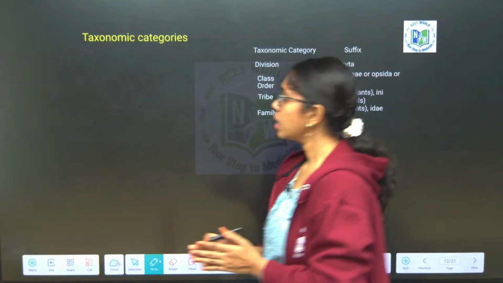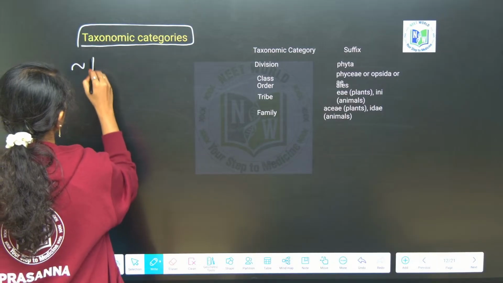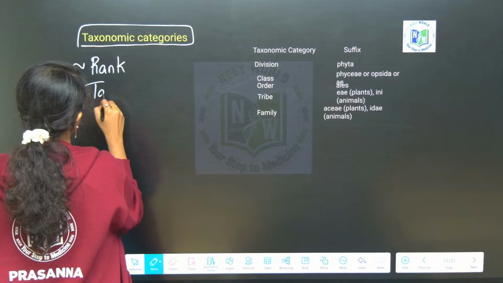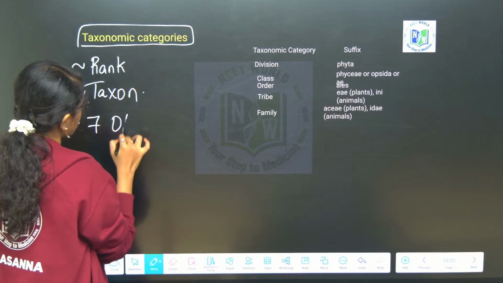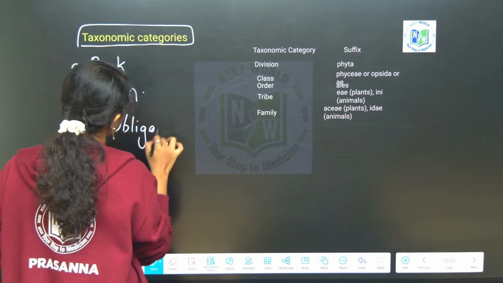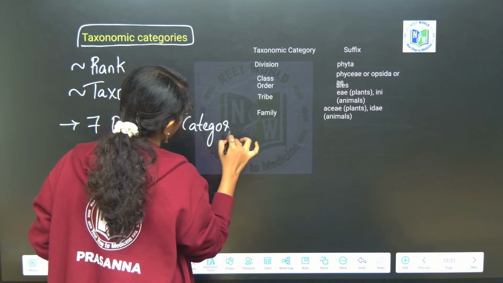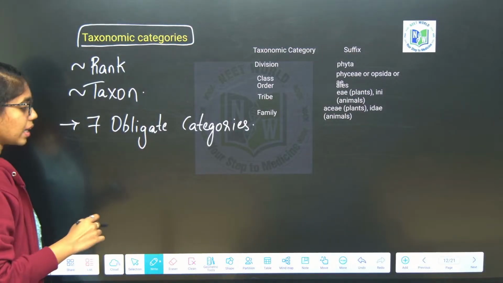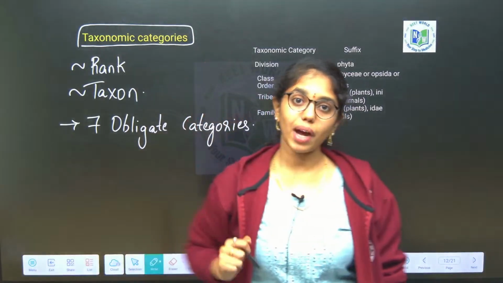taxonomic categories. Taxonomic categories are also called taxonomic rank or taxon. As such, we have 7 obligate categories. We will go from the basic unit or basic taxon to the advanced taxon.